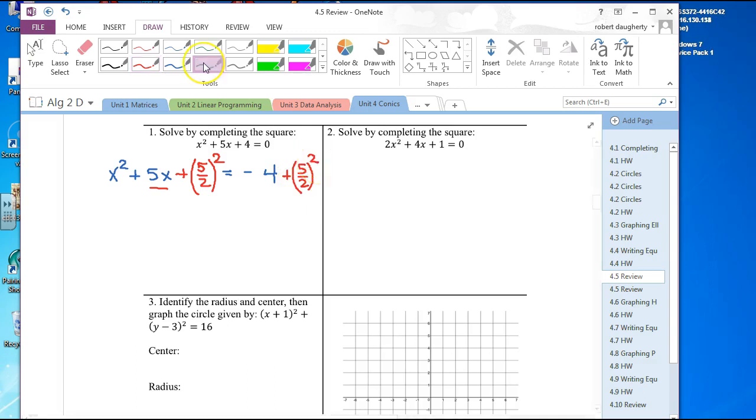Now I know that the left side is a perfect square. 5 halves plus 5 halves equals 5. So this is x plus 5 halves squared. So this equals negative 4 plus 25 over 4.